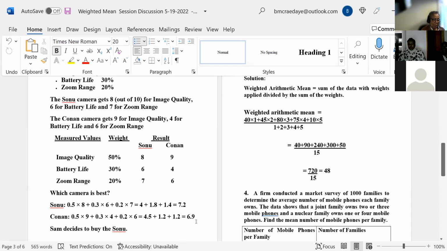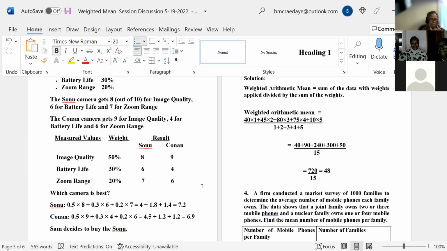The highest total is the Sony at 7.2 versus 6.9 for the Canon. So Sam decides to buy the Sony, because the weighted mean for the Sony is larger than the weighted mean for the Canon. Any questions on that problem?